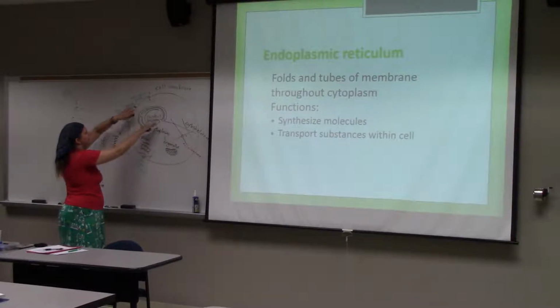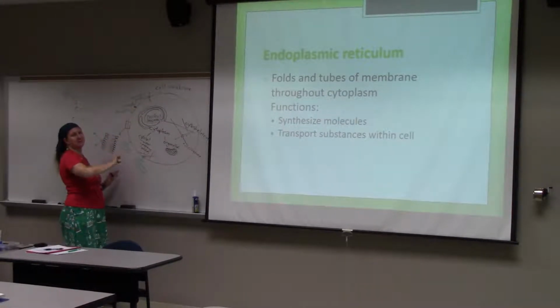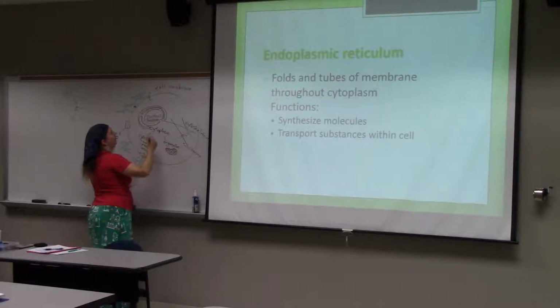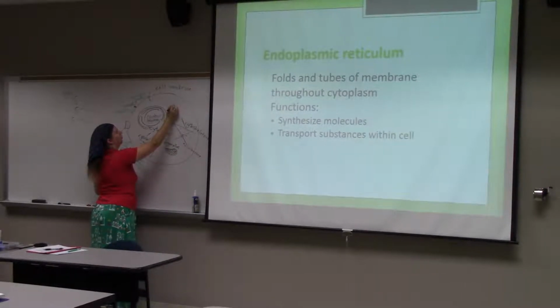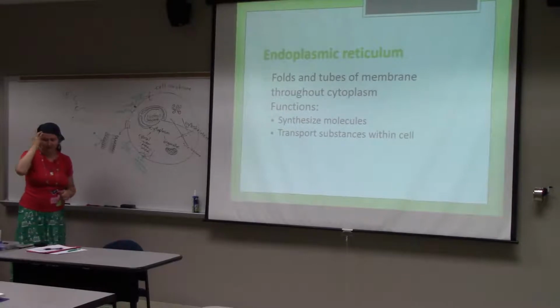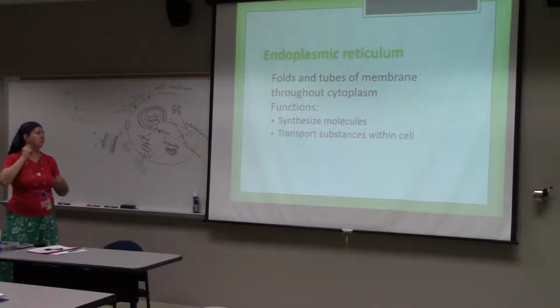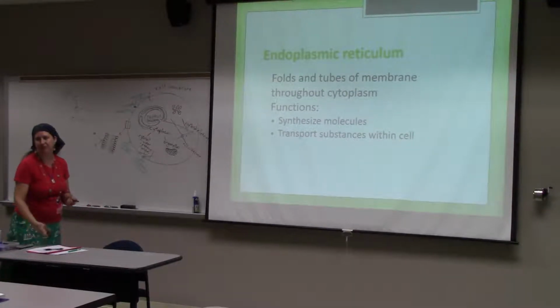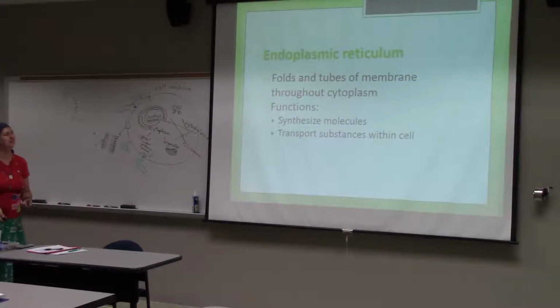So some of it is flat stretches like folded up fabric. Some of it's more like coral tubes, and when you take a cross section through it, you'll see a bunch of irregular shapes like this. The endoplasmic reticulum builds and transports substances in the cell.